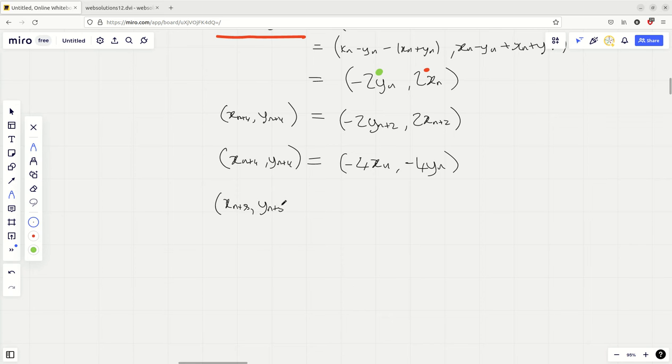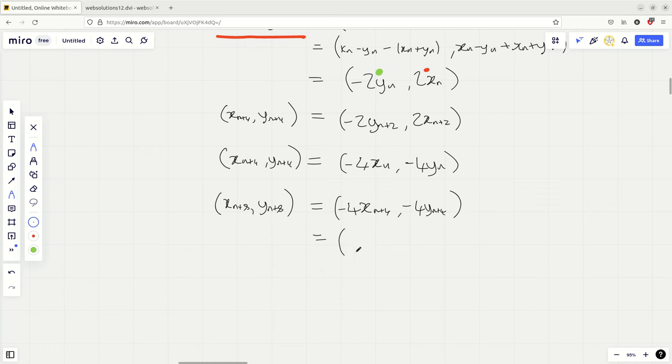So let's just do this once more to find out x_{n+8}, y_{n+8}. This is how to go 4 steps forward, so we need to apply it again. If you want to get 4 steps forward, you need to take your x coordinate from 4 ago and times it by 4, and take your y coordinate from 4 ago and times it by 4.